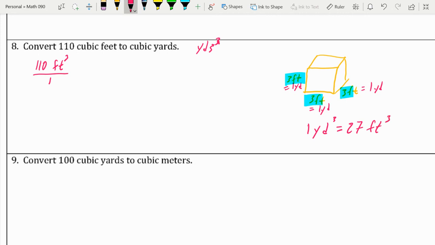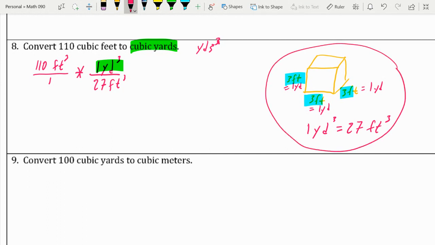So I know that 1 cubic yard, remember, we want cubic yards up on top, 1 cubic yard is equal to 27 cubic feet. All because I had to draw this little box here. I had to draw that cube, but it helped me.